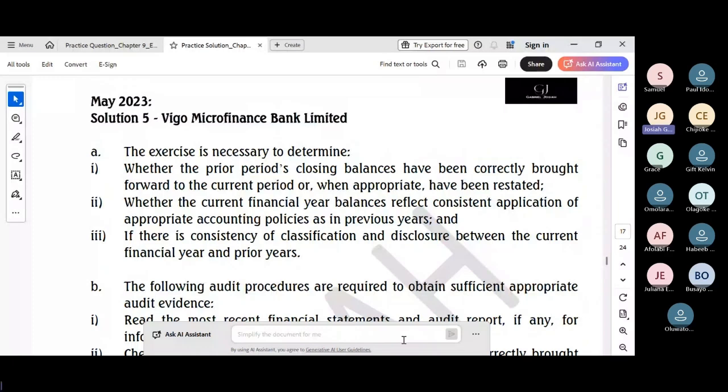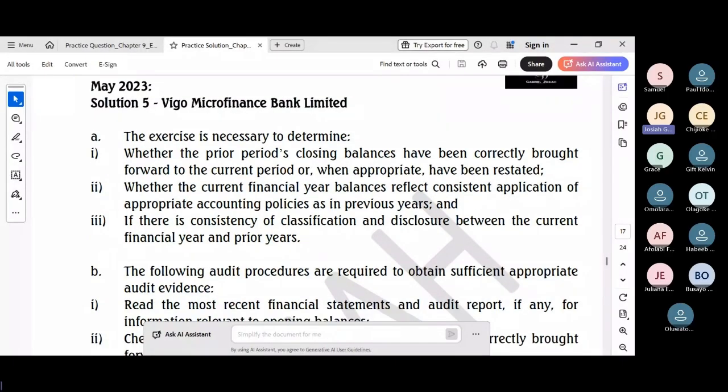So you are actually supposed to structure your answers on the requirement around demanding why, which is part A, then how, part B, and the consequences, part C of ISA 510's procedure based on the chapter on evaluation and review. So don't forget, part A speaks to why, part B, how, and part C, the consequences of ISA 510's procedure.